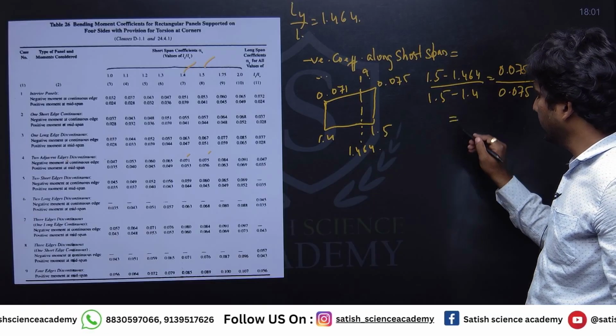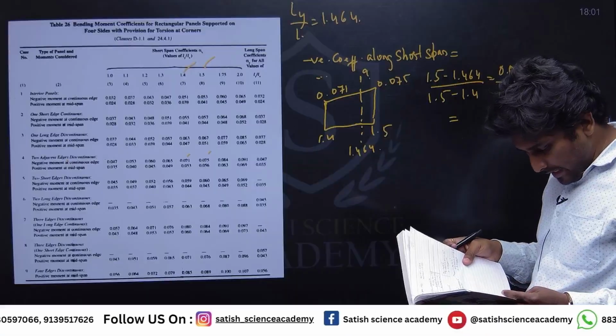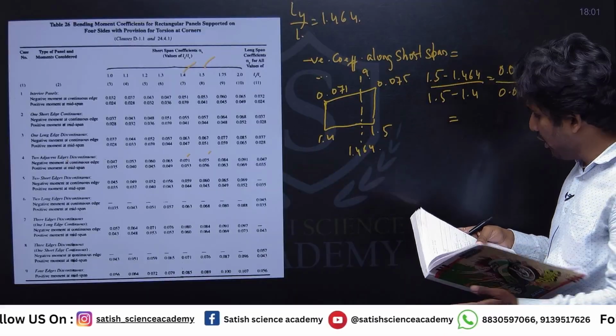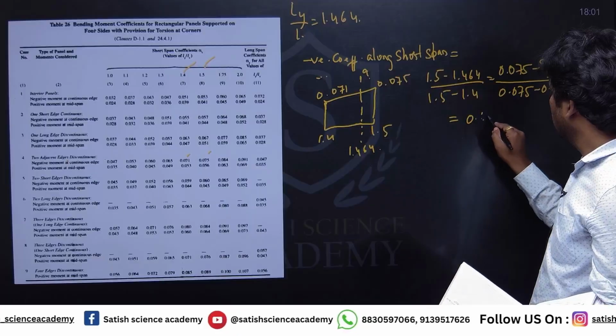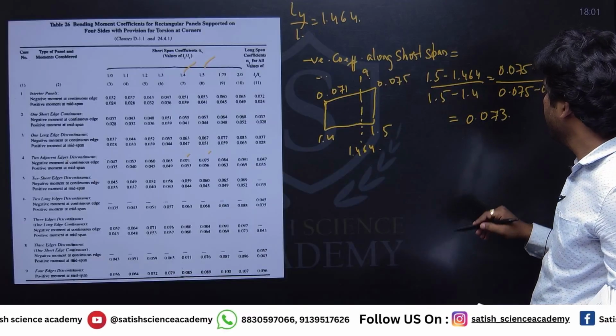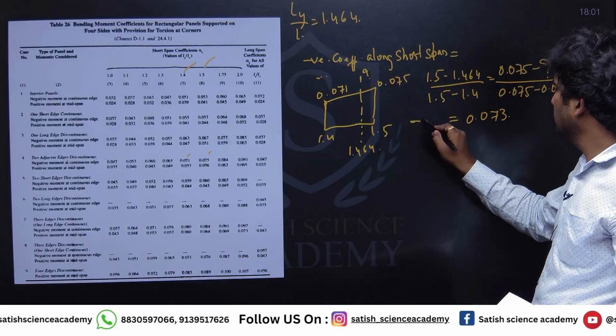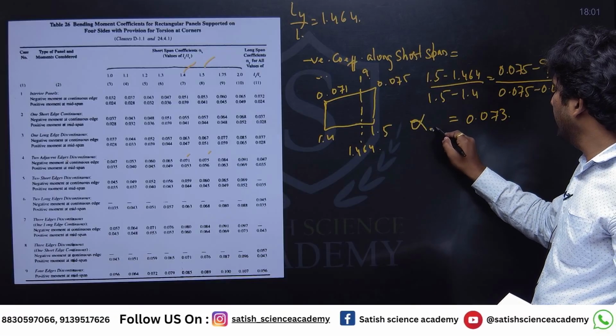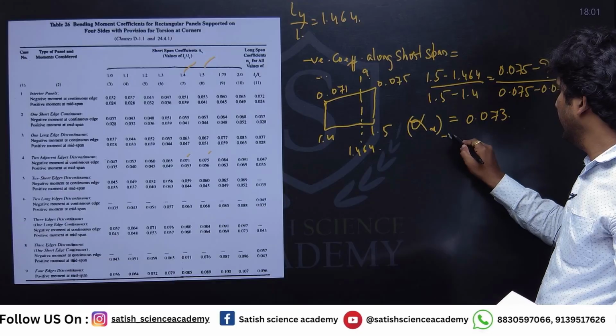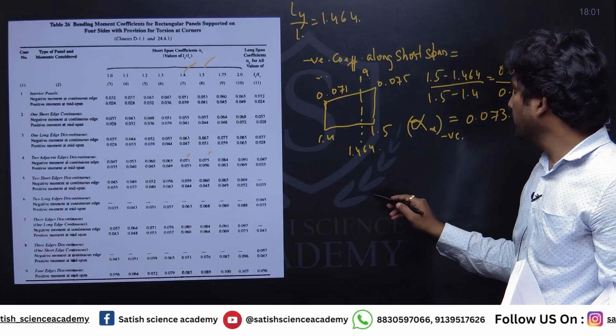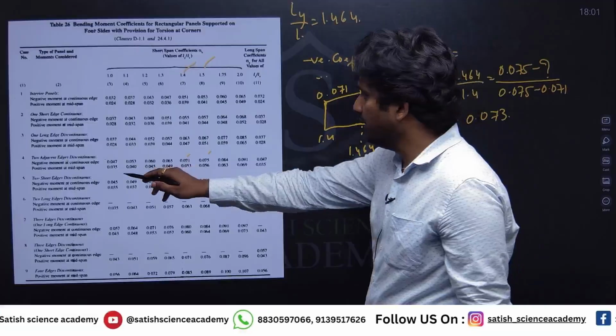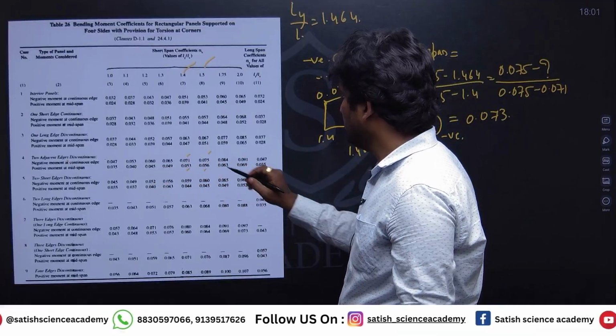So this factor will come on calculation. Negative moment coefficient is 0.073. Okay, so this is alpha x negative. So alpha x positive will also be there, because positive moment is there, with these two factors.